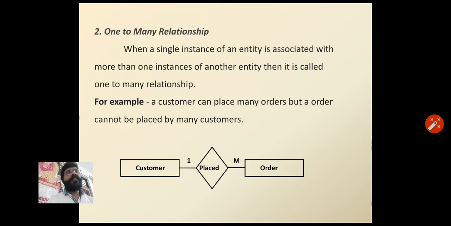One to many: when a single instance of an entity is associated with more than one instance of another entity, then it is called a one to many relation. For example, a customer can place many orders, that means one customer can have many orders.